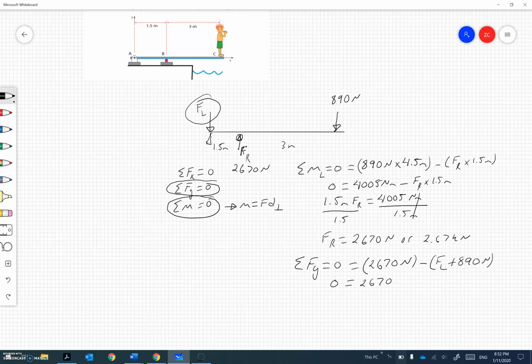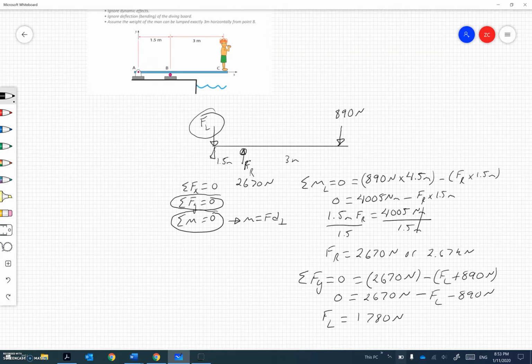We get 2,670 newtons, take FL, take 890 newtons. So let's flip some of these to the other side. So we have force left is equal to 2,670 take 890, which is 1,780 newtons. So force left is 1,780 newtons.